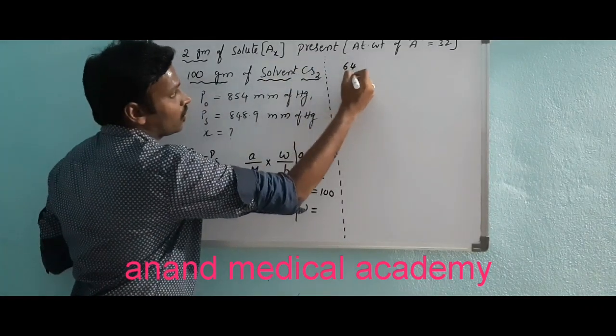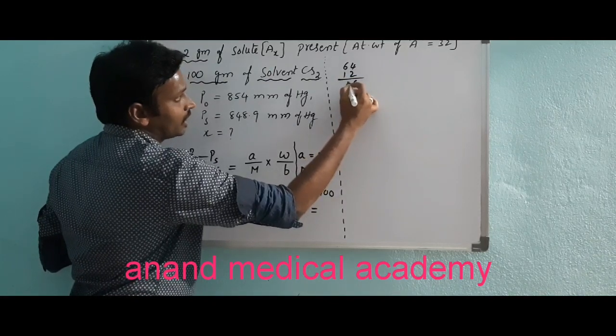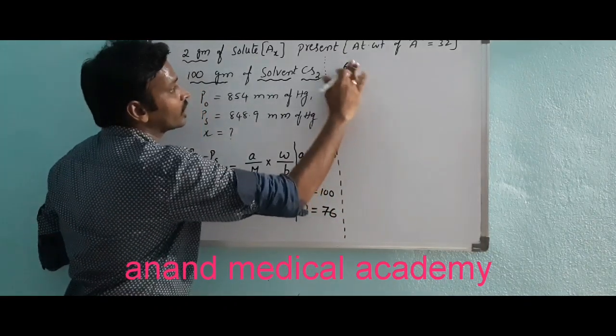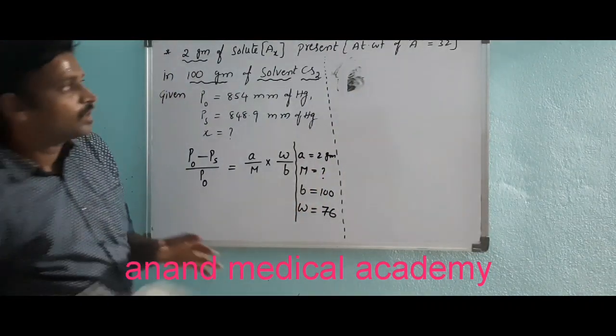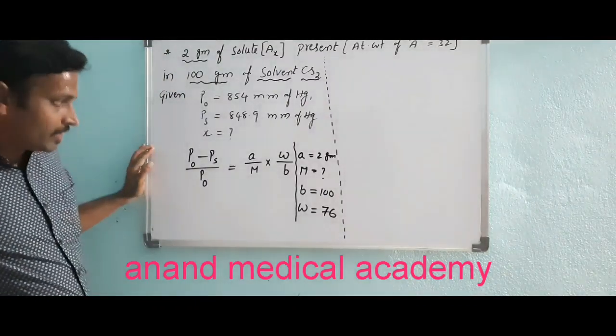So 64 and 12, total it is 76. So 76 it is, the molecular weight of the solvent.